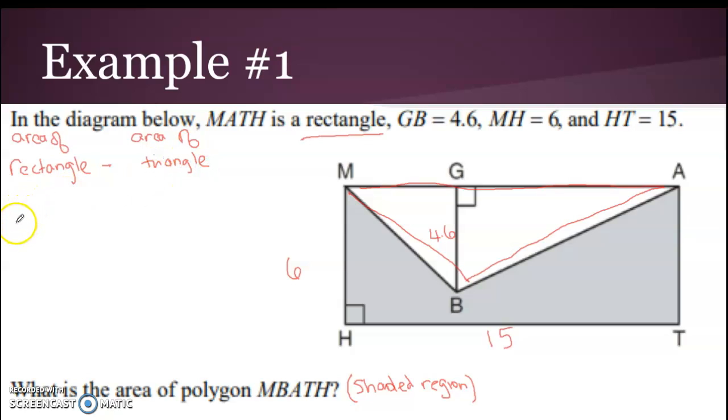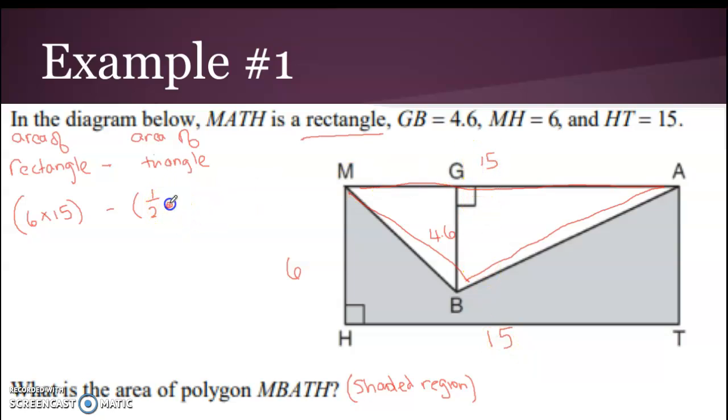So area of rectangle is just straightforward. It is 6 times 15. And then the area of a triangle, notice I'm putting them in parentheses because I need to get the answers first, is half the base. So remember, in a rectangle, opposite sides are congruent. So if this is 15, the entire thing is 15.